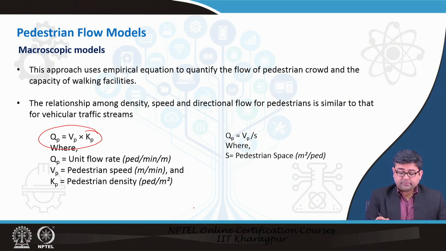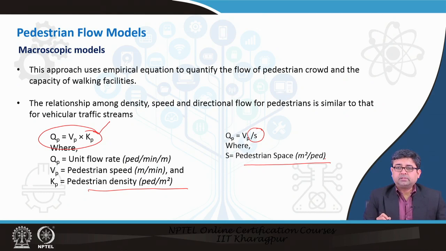Sometimes in the case of pedestrians, we do not use density Kp, instead we use something called pedestrian space, which is just the inverse of density. So, density is pedestrians per square meter, whereas space is square meters per pedestrian.